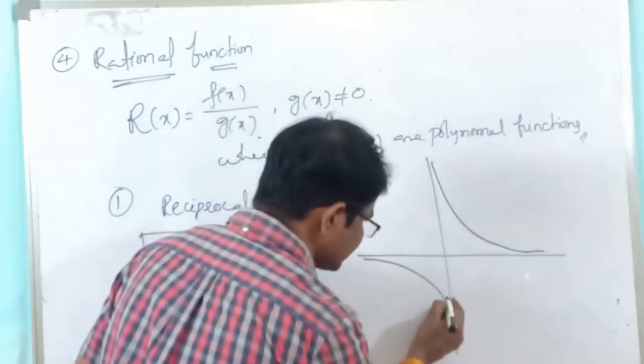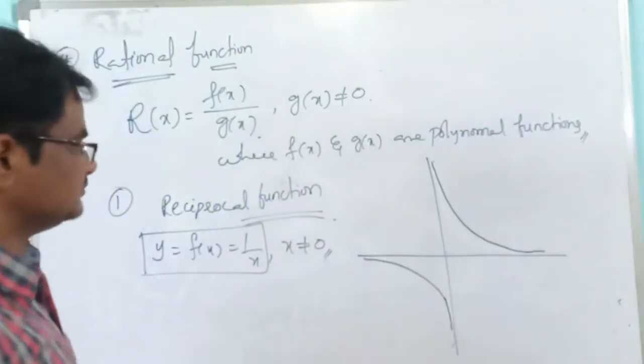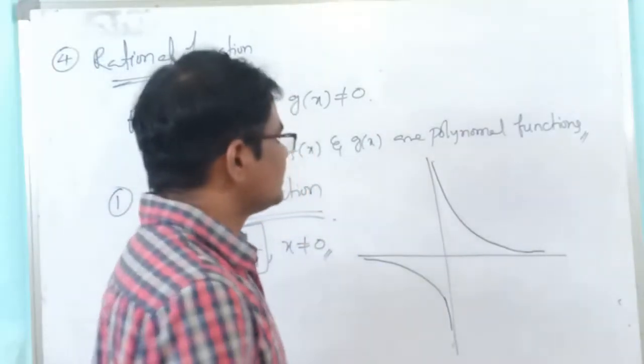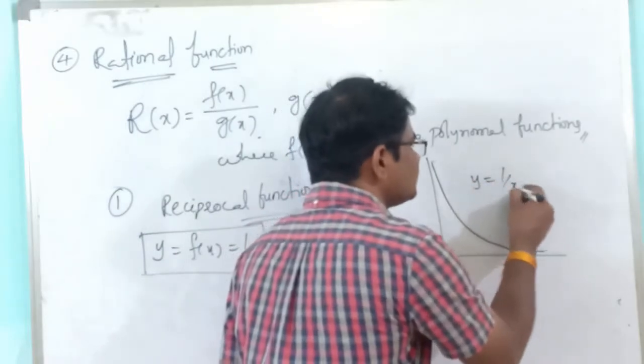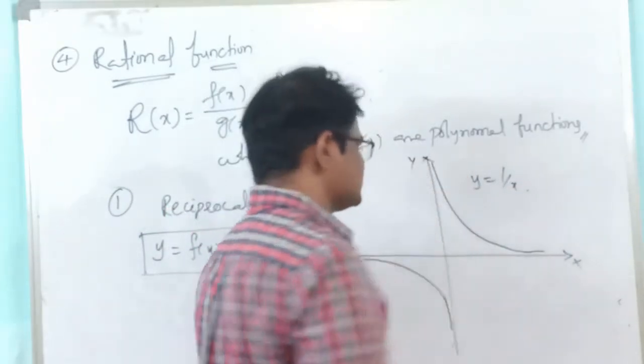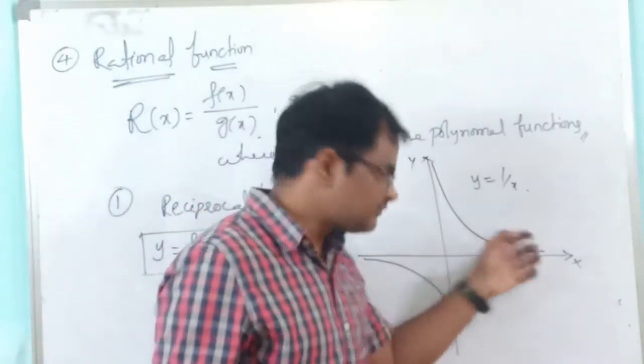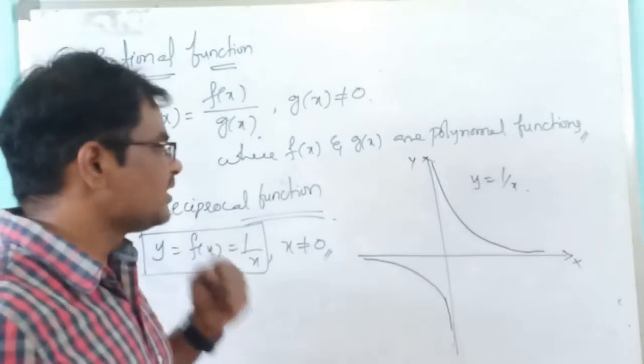Means it does not intersect the x-axis and y-axis. So this is y equal to 1 by x. This is the x-axis and this is the y-axis. So what are the points to learn from this graph?